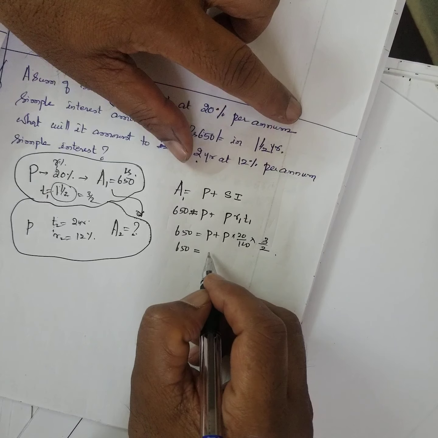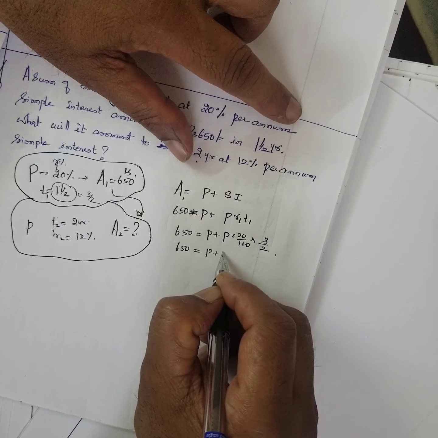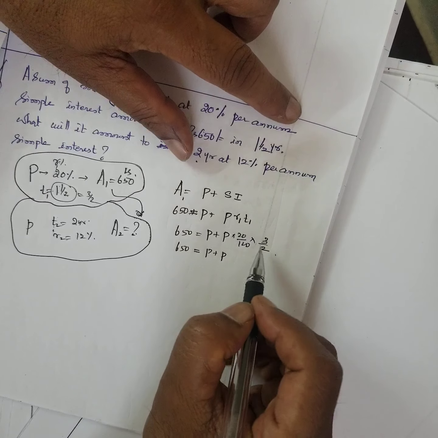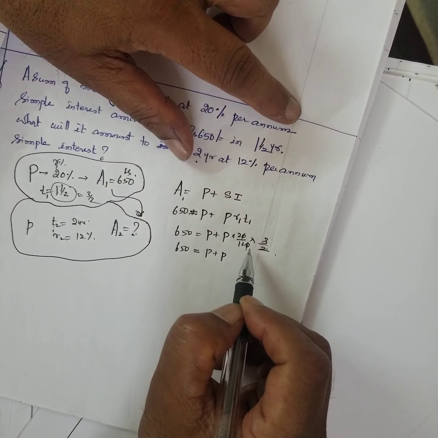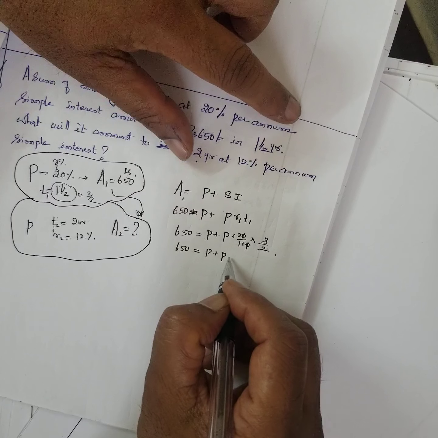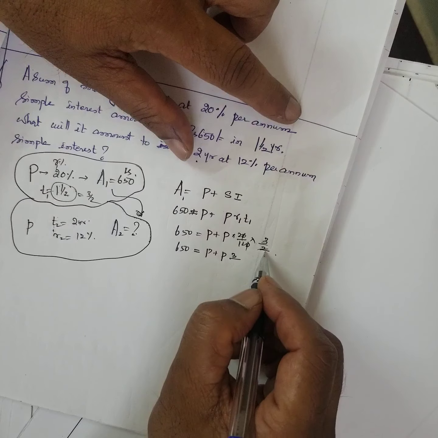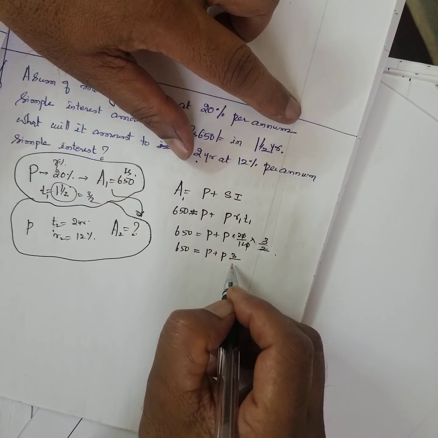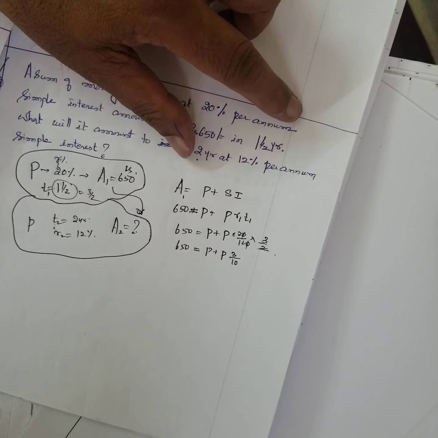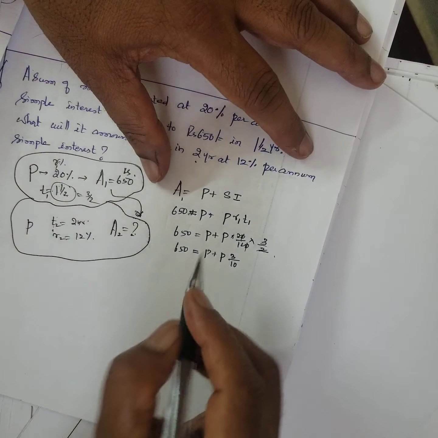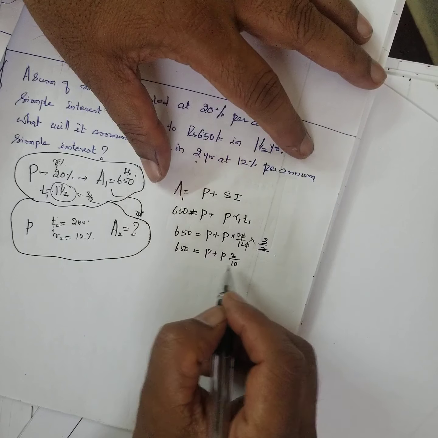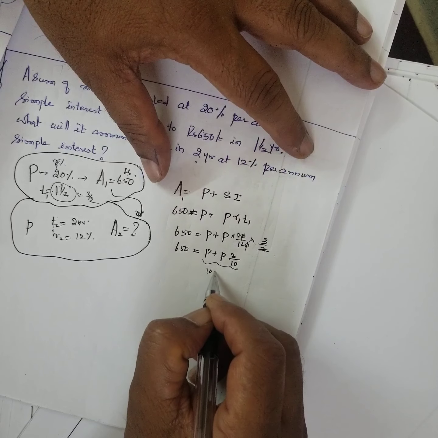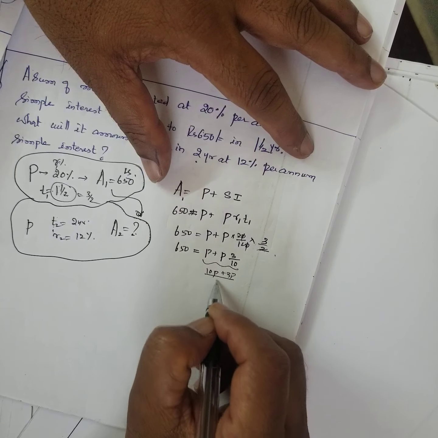Therefore 650 plus P. Here the zeros get cancelled, this also gets cancelled, and 3 by 2 gets cancelled, giving 3 by 10. Then this is 10P plus 3P by 10.